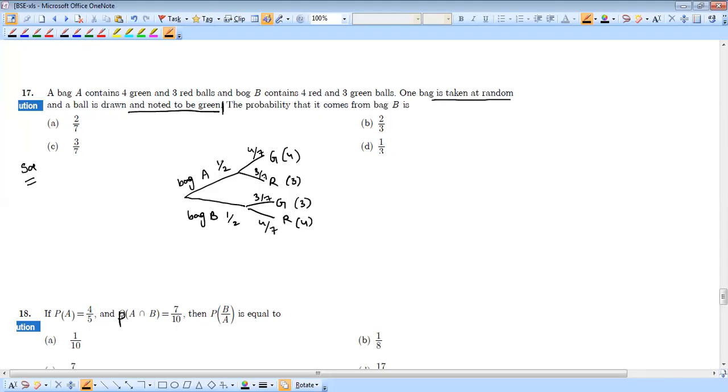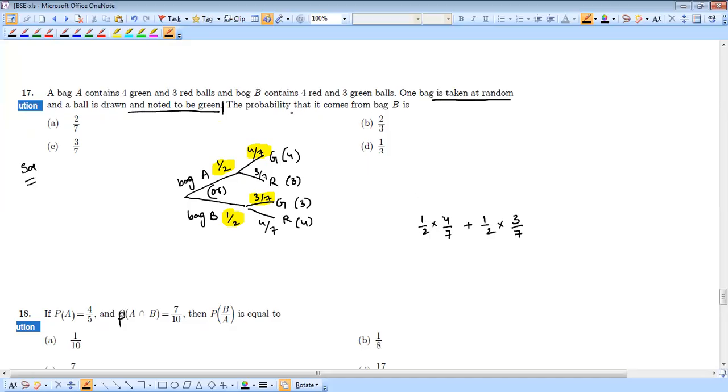What is the selection of the green? 1 by 2 into 4 by 7, and in the second case, 1 by 2 into 3 by 7. What is the symbol in the middle? Here we go either through bag A or bag B, so the plus symbol. For total probability, it is an either-or case.